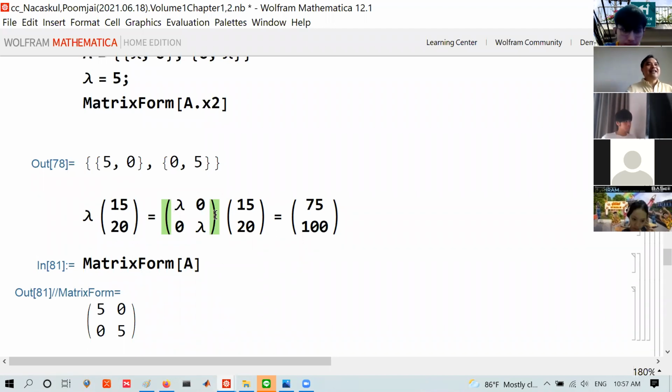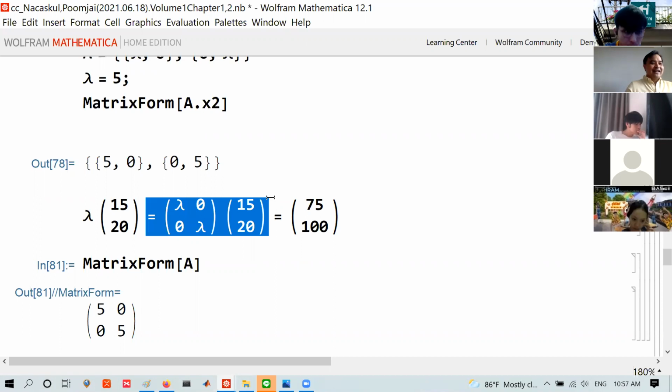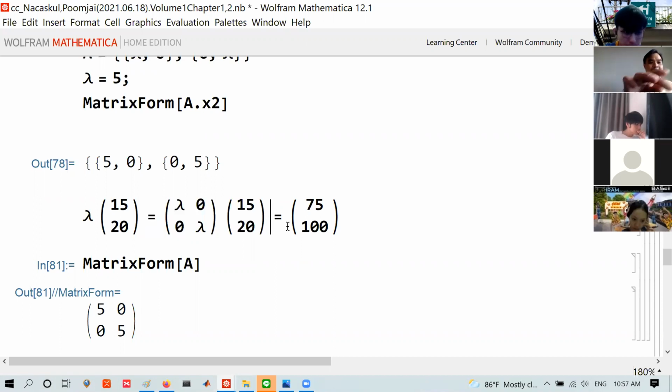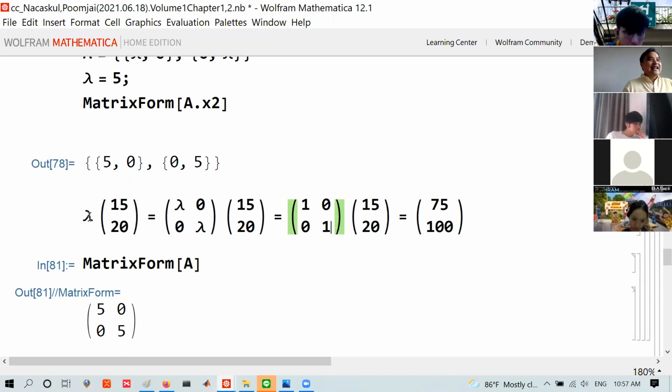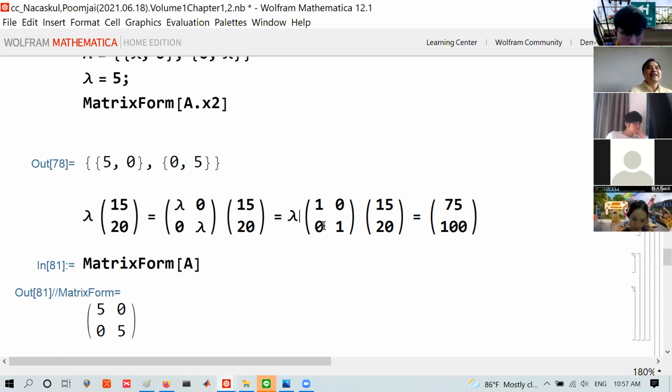Now, technically, let me write another version of this. This is the same thing as this. 1, 1, and put lambda in front of everyone. Okay, so all this is the same thing. Take a vector, stretch it by lambda. Take a vector, multiply by a matrix that does nothing but stretching by lambda.